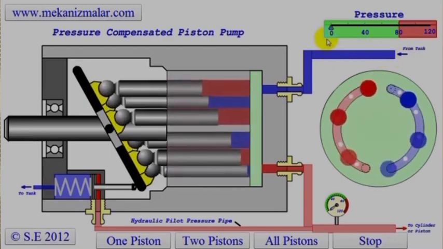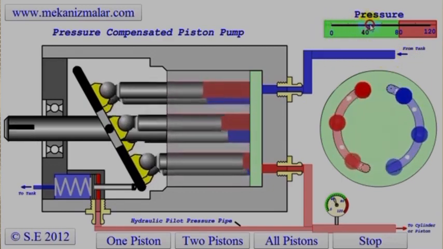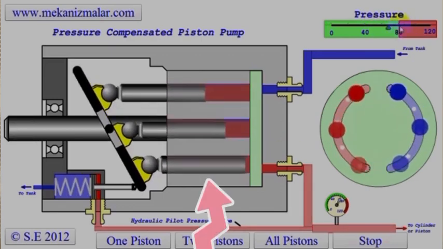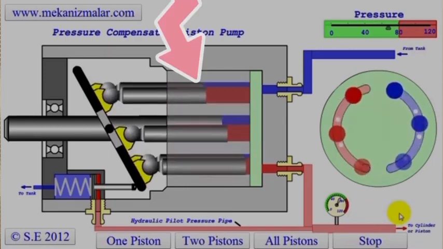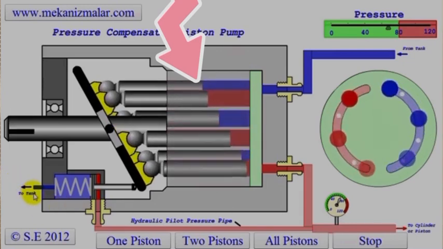For example, when a piston moves from the high angle part of the swash plate to the lower angle part, it starts to suck the hydraulic fluid, which has been supplied via the inlet line and into the intake chamber of the pump.